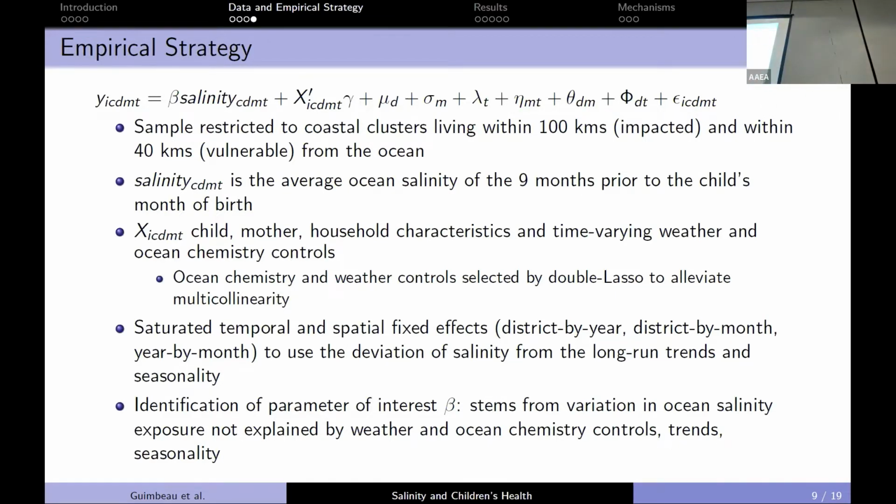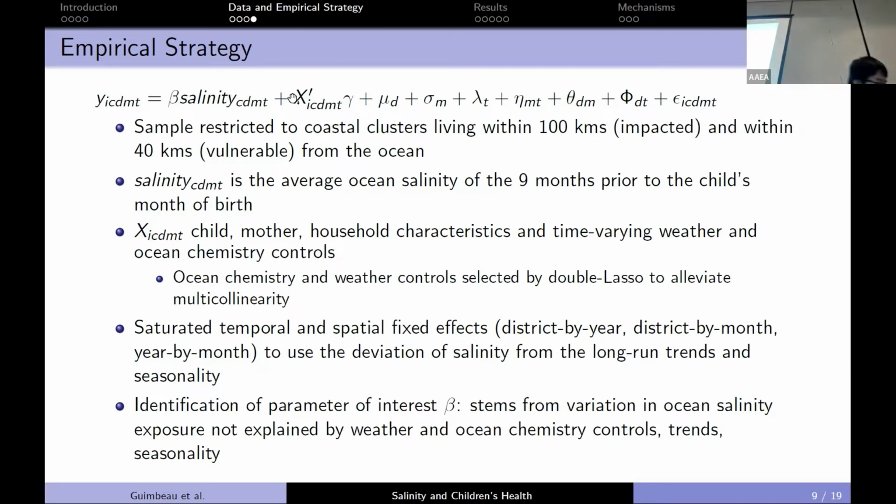So I'm just showing our empirical strategy for the impact study. On the left hand side, we have a bunch of outcome measures, including weight for height, weight for age, and height for age for children under the age of 5. And the beta coefficient is our coefficient of interest here. So what is the impact of salinity on these outcomes that we care about?